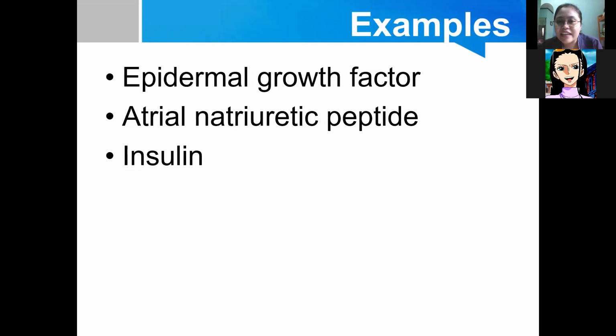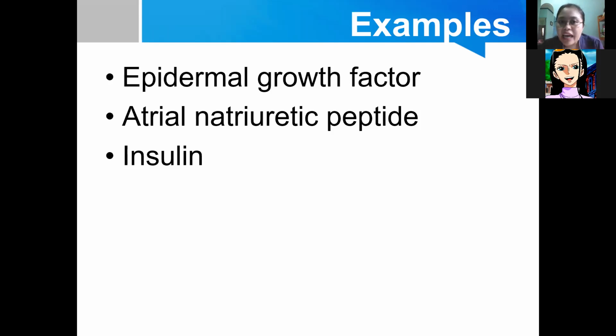atrial natriuretic peptide. This is another endogenous substance. So it is a drug, but it is produced by the body, specifically the heart. So sa atrium na part, the atrium will produce this peptide, atrial natriuretic peptide, and napod niya siya sarili niya na receptor that belongs to the class 3 receptors.